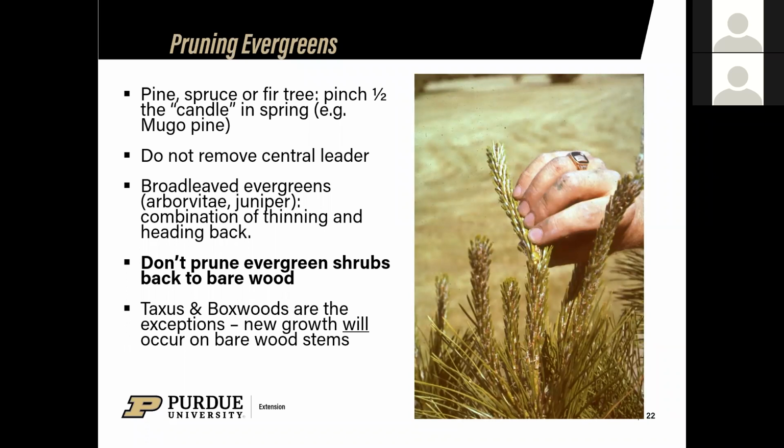You cut a pine tree back into the tree past the needles, that branch is going to die back to the trunk. Two evergreens that you can get by with pruning back hard past the green growth are taxus, which is yews, and boxwoods. 95 to 99% of the time they will come back out of that hard prune, but just keep that in mind.